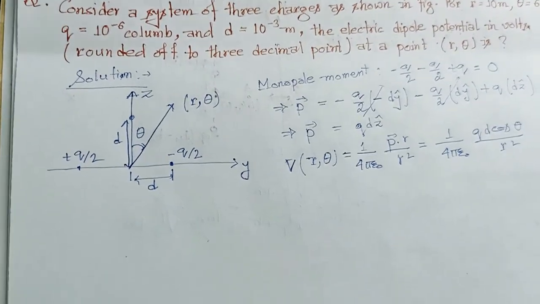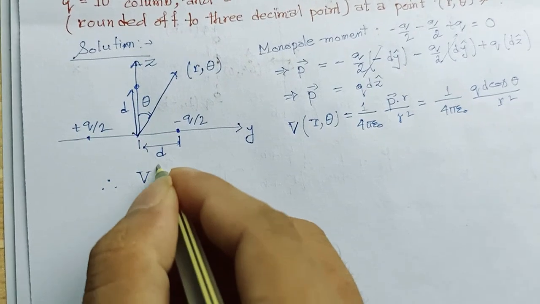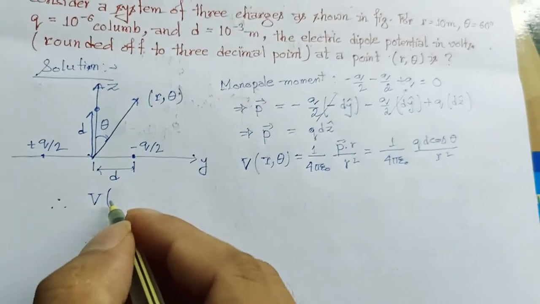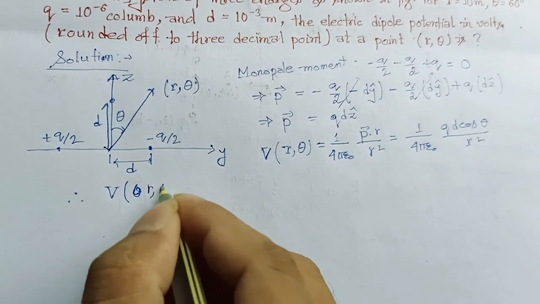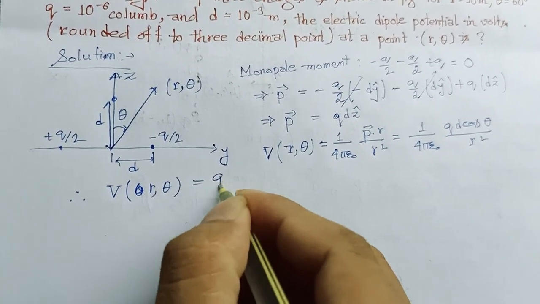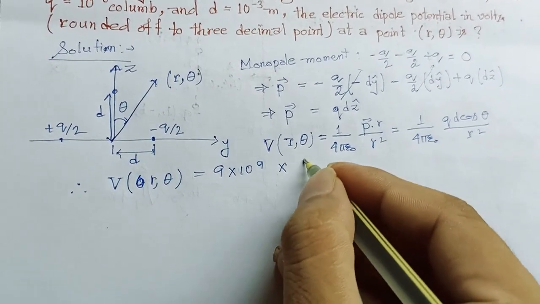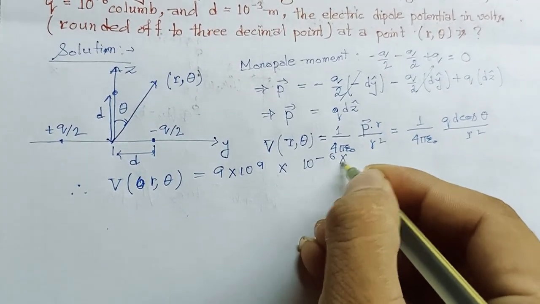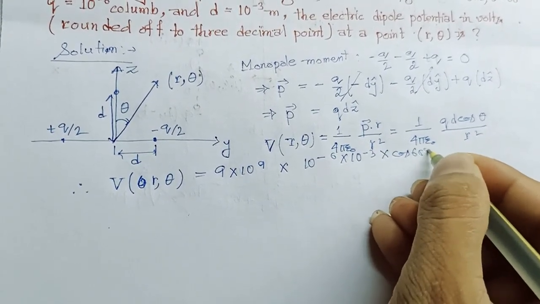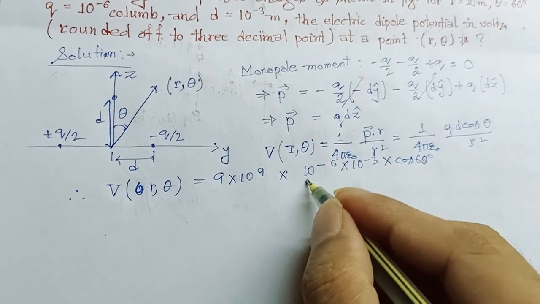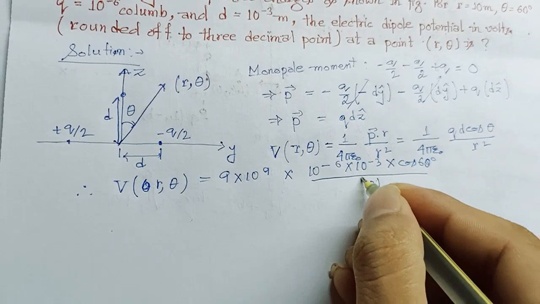If you put the values of all these quantities, then we will get the potential at the polar coordinate r, theta equal to 9 into 10 to the power 9 into 10 to the power minus 6 into 10 to the power minus 3 into cos 60 degree divided by 10 square.